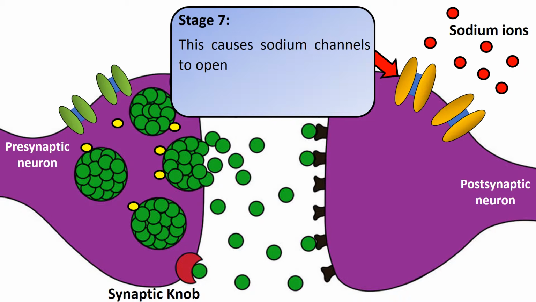So the sodium channels open up. This allows sodium ions to move down a concentration gradient and enter the postsynaptic neuron.